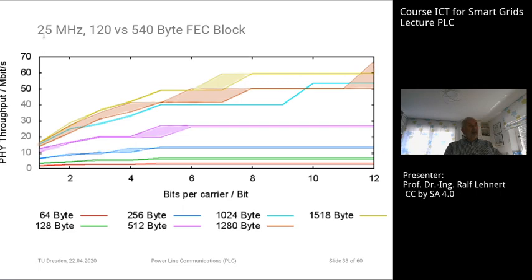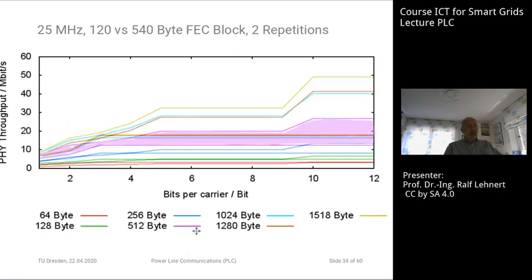Going the opposite way, bad channel, small system, then you can reach higher transmission rates, high throughput, only with a high bit loading, and in the case that you don't have too many repetitions, then you can reach a similar range of transmission size.